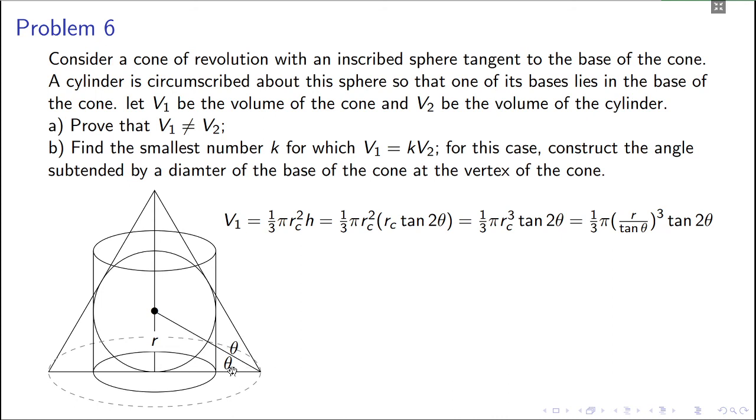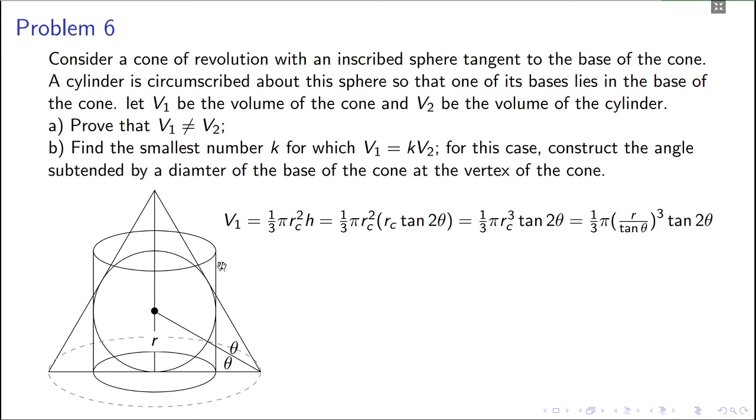So if you write tan theta, it will be h over rc. So you can write h as rc times tan theta. So this will be 1/3 of pi rc cubed tan theta. Now rc, I can write in terms of r and theta. So r by rc is tan theta. So I just substitute it here and bring everything in terms of r.